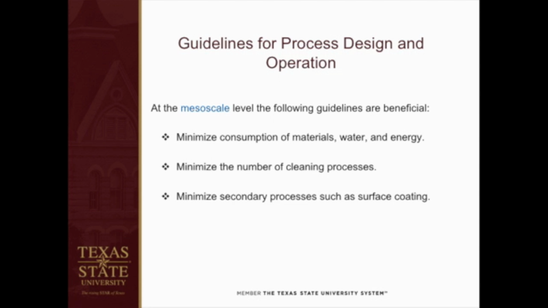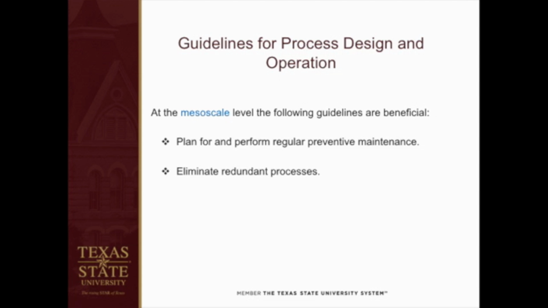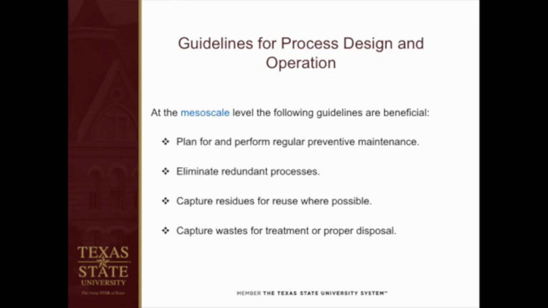Minimize secondary processes like surface coating, and match waste streams with inputs, so waste from X becomes input for Y. Eliminate redundant processes. Capture residue for reuse, like fly ash, which can be used in the manufacture of cement. And if you must make waste, make sure you capture it and treat it before it is disposed of, so that it is not harmful to the environment.